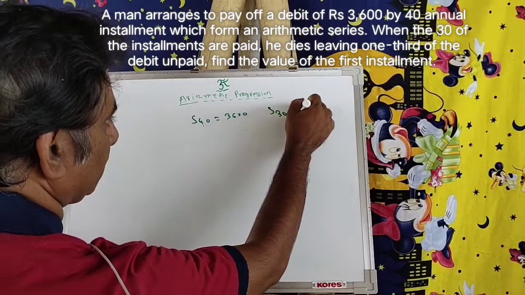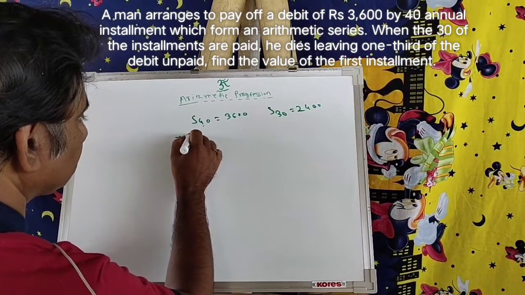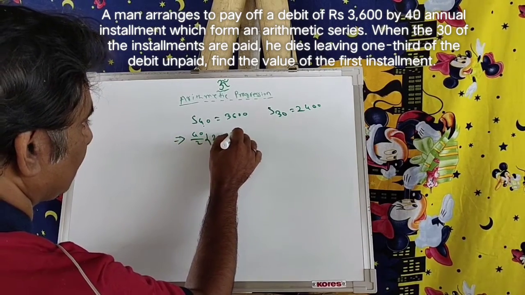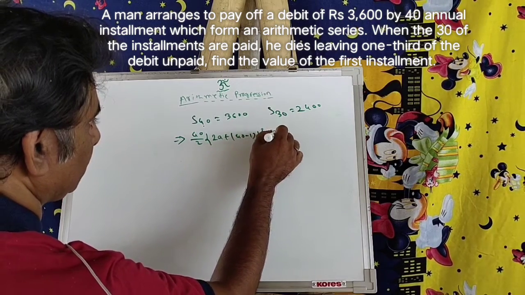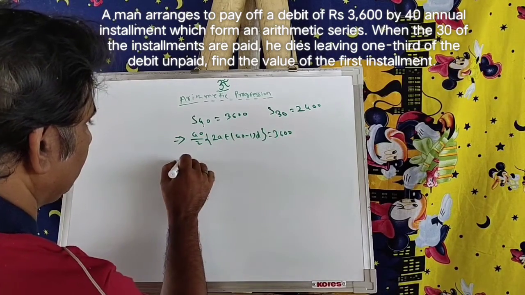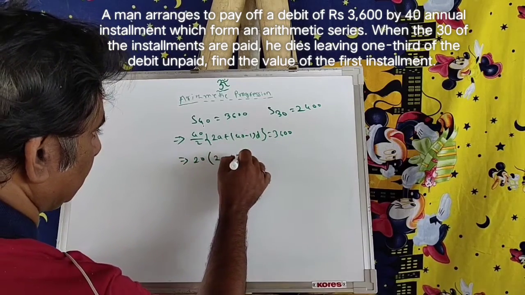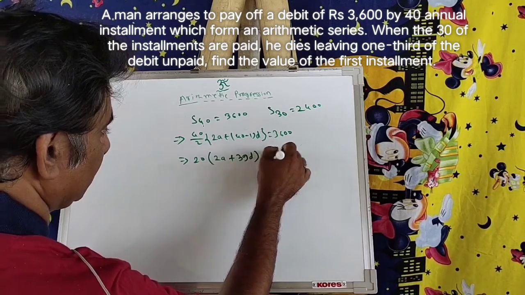Now S40 equal to 3,600. This implies 40 by 2 into 2a plus (40 minus 1) into d is equal to 3,600. This implies 20 into (2a plus 39d) equal to 3,600.